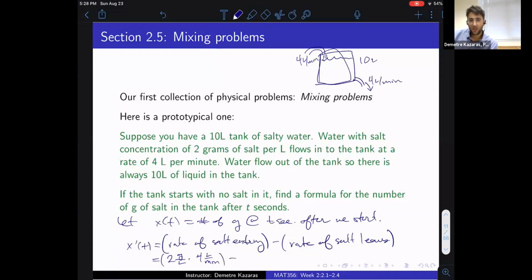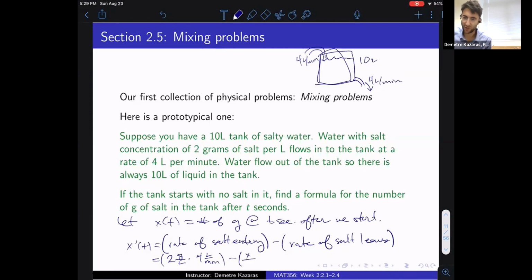And then the rate at which salt goes out depends on how much salt is in the tank in the first place. So what is the concentration of salt in the tank at time t? This is where the differential equation way of thinking becomes relevant, because that depends on the function x itself.